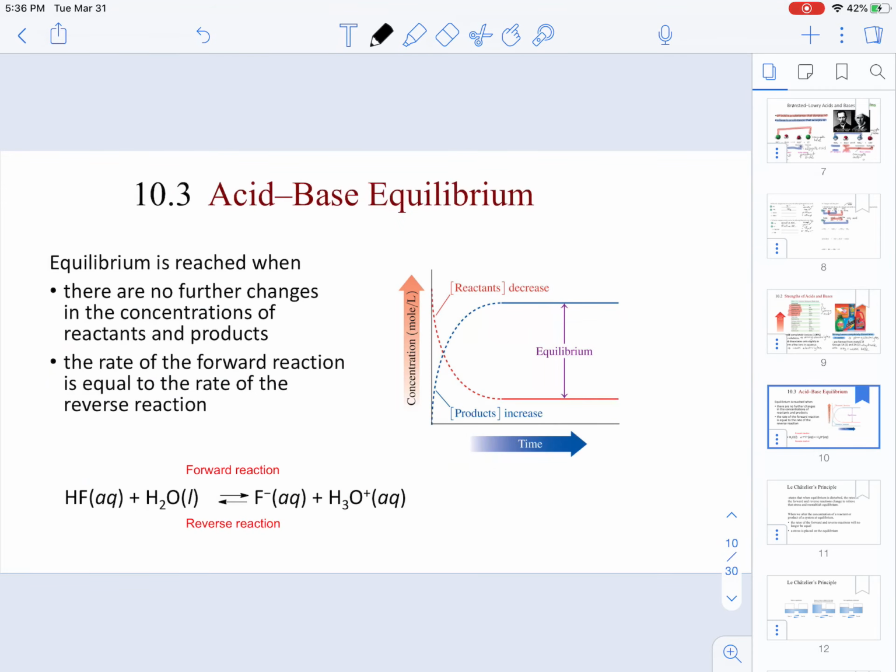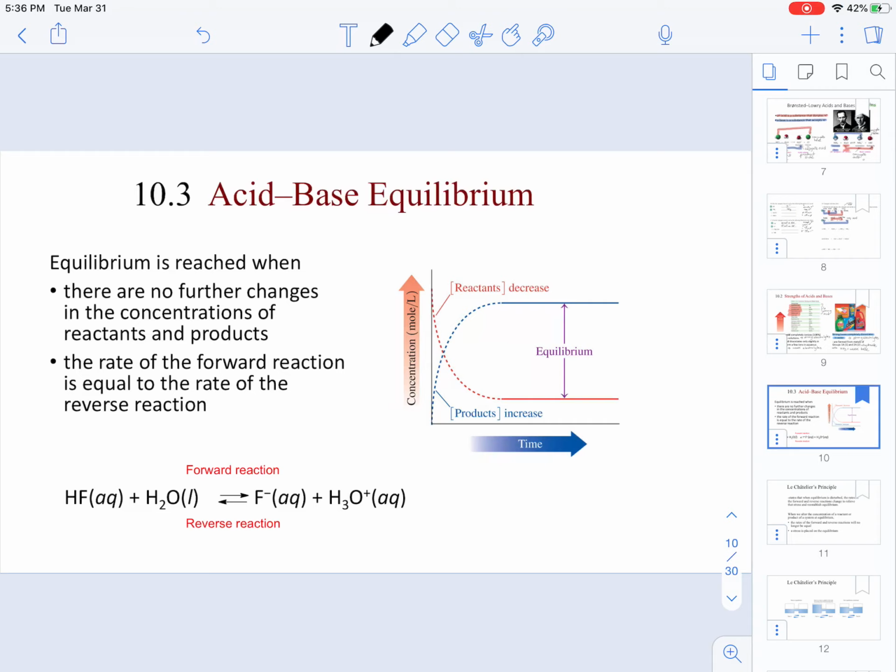In section 10.3, now we're going to talk about how acids and bases form equilibrium systems. When it comes to an equilibrium system, you know that a system has reached equilibrium because there are no further changes in the concentrations of reactants and products, and the rate of the forward reaction is equal to the rate of the reaction that is happening in reverse.